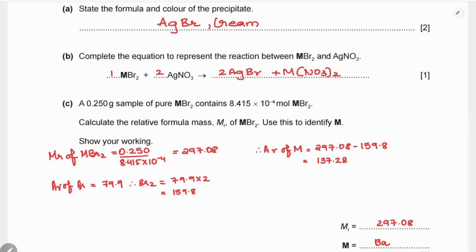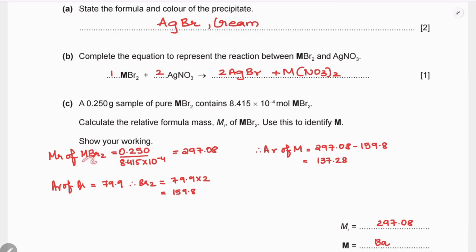Then we can find the Ar of Br, which is 79.9 from the periodic table. But we must know that it's going to be Br2, 2 atoms of bromine, so we multiply by 2. So 79.9 times 2 gives me around 159.8.